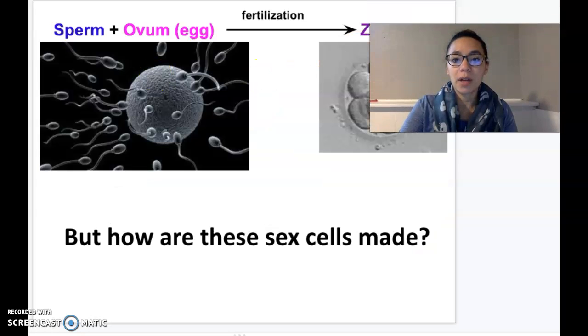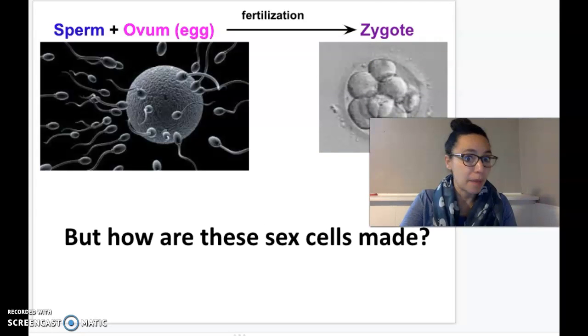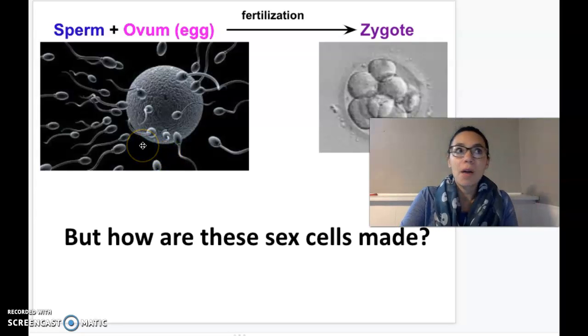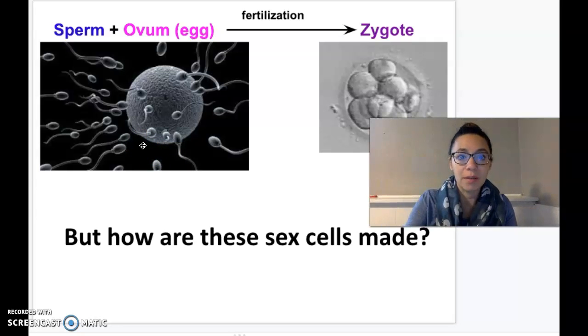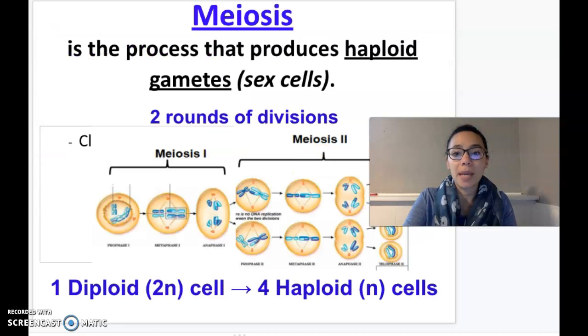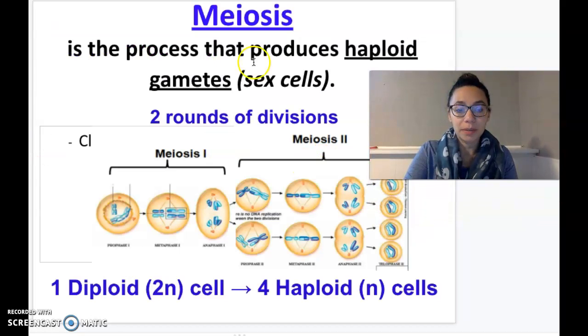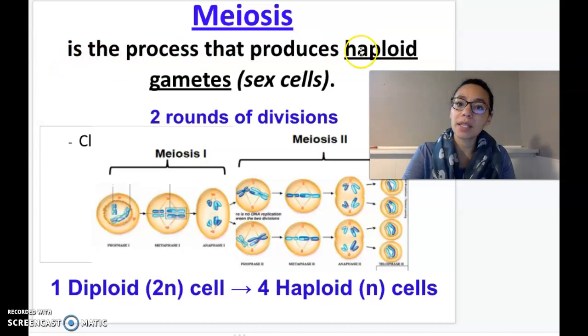Okay, so now how are these special cells made, right? Because how come humans don't just all look like clones of each other, right? Or animals or plants, for example. We have variations, and it's all because of this amazing process of meiosis. So this is the process that produces haploid gametes, or sex cells.